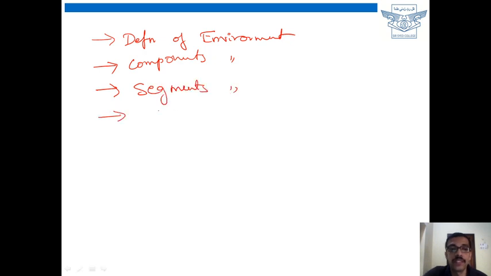We also have seen pollutants with examples, and the pollutants which are causing air pollution, water pollution, and other pollution in the terrestrial environment. Okay, so cover these sections in your textbook, and let me know if you have any doubts.